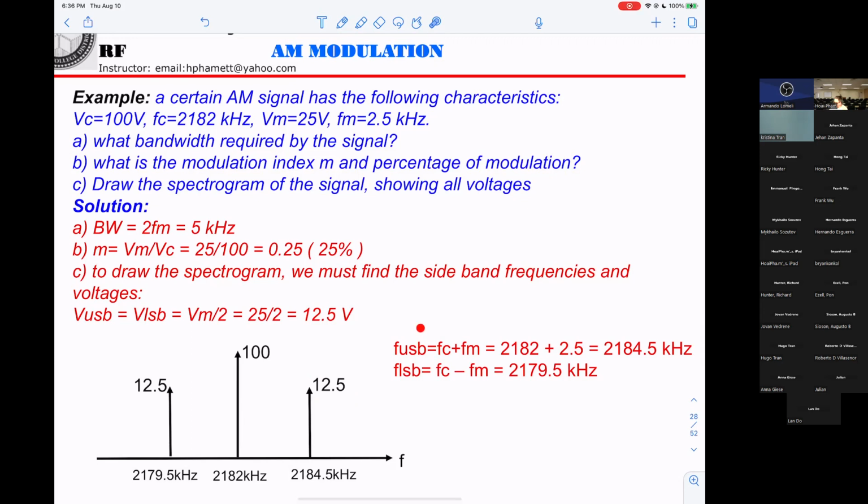F upper sideband is FC plus FM, F lower sideband is FC minus FM. So that is given to you. This is the upper sideband and this is the lower sideband.